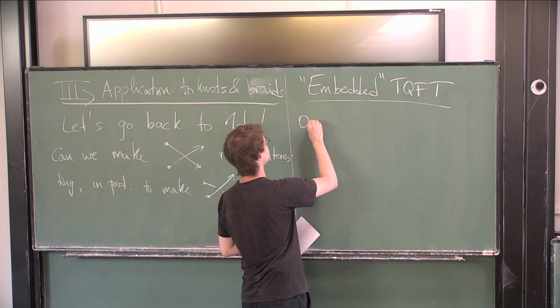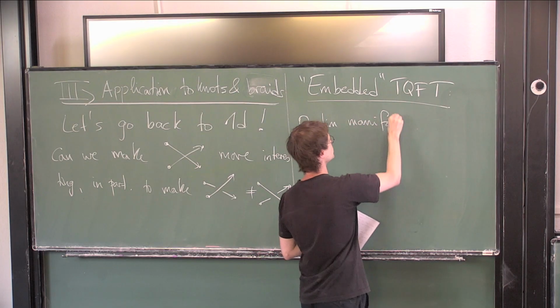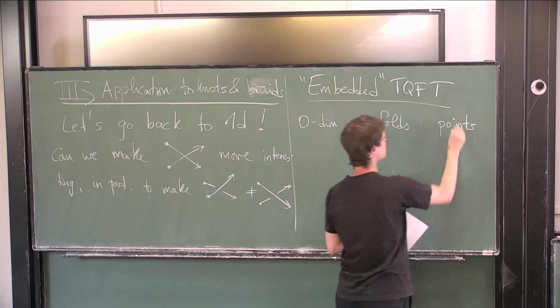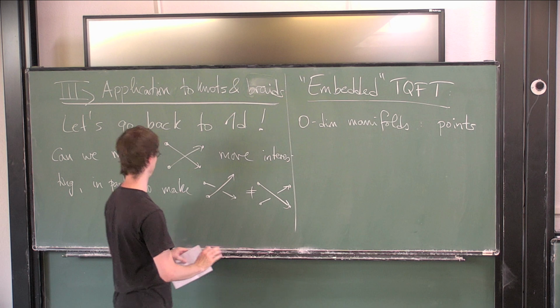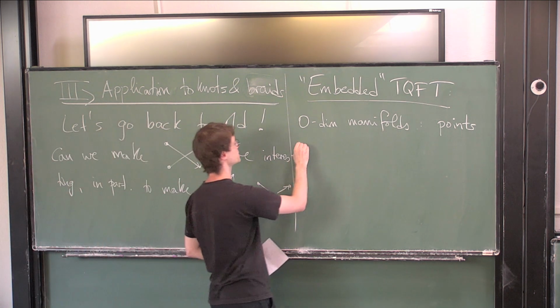So, zero-dimensional manifolds. This is just points. Again, there's some orientation, plus or minus sign, but again, we can put all the plus signs on one side, all the minus signs on the other side.